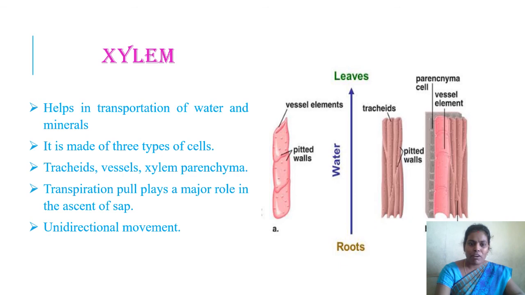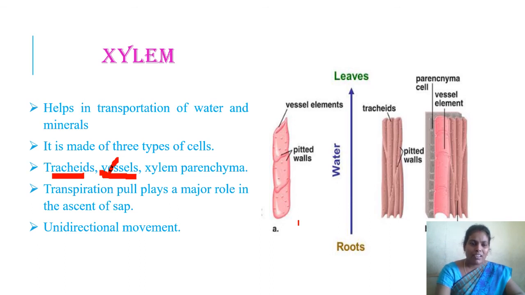Xylem is made up of three important types of cells: first, tracheids; second, vessels; third, xylem parenchyma. Among all these, vessels play a very vital role in the conduction of water and minerals in plants. And how does this water reach the tip of the plant?